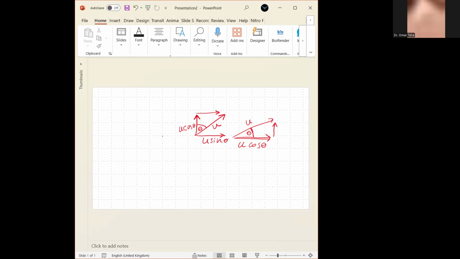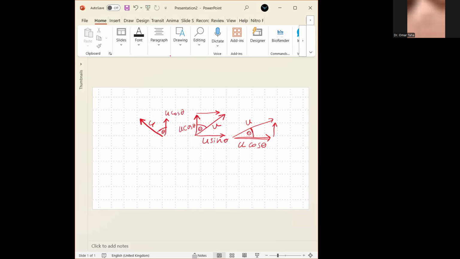All right, now we said that we're going to check all the possibilities. This is u, the main vector that we're talking about, and here we're going to get the components of it. Again, the angle is over here, so this is going to be u cos theta.